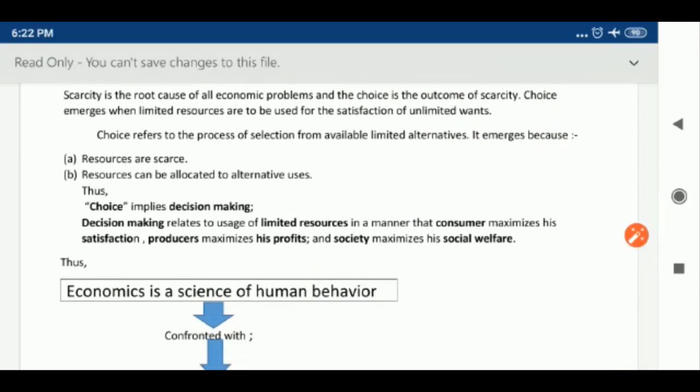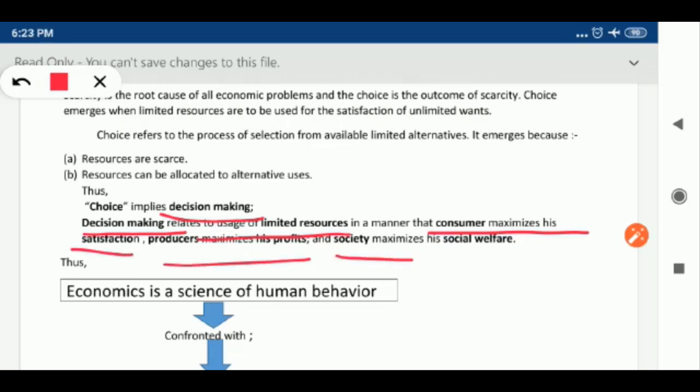Choice implies decision making power. And what does decision making relate to? It is the usage of limited resources in a manner that the consumer maximizes satisfaction, the producer maximizes profit, and society maximizes social welfare. So the first problem is scarcity. From that scarcity, the problem of choice occurs. Why does the problem of choice emerge? Because of limited resources, and you can put that limited resource in alternative uses.